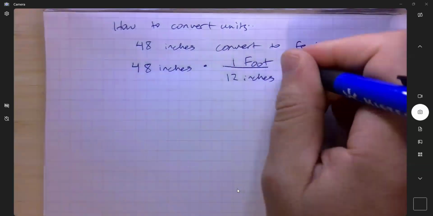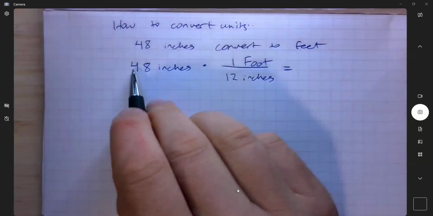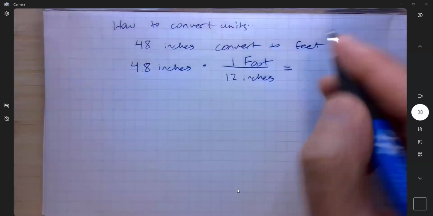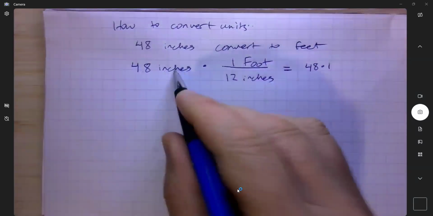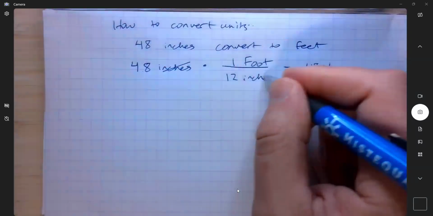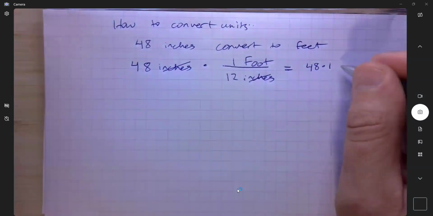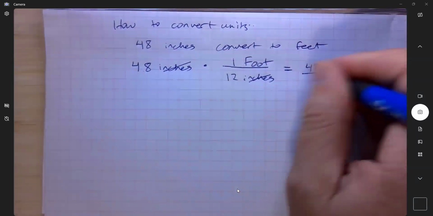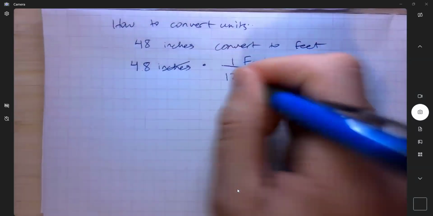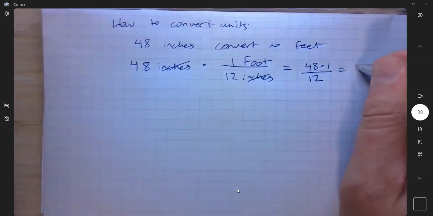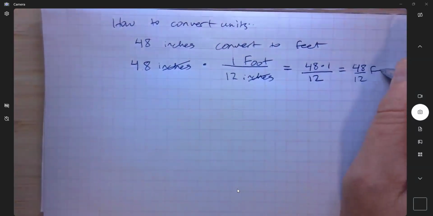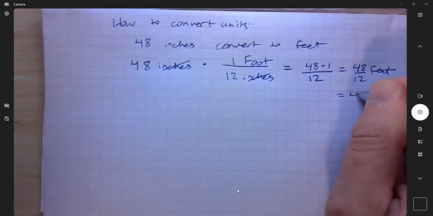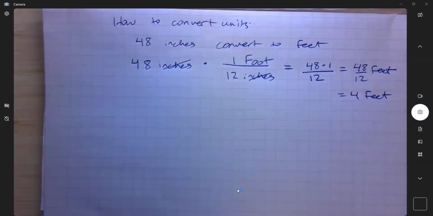And now I multiply and I cancel. 48 inches times 1 foot, that's 48 times 1. And the inches in the numerator and the inches in the denominator cancel. And the 12 in the denominator stays there. And so I get 48 over 12 feet, which is 4 feet.